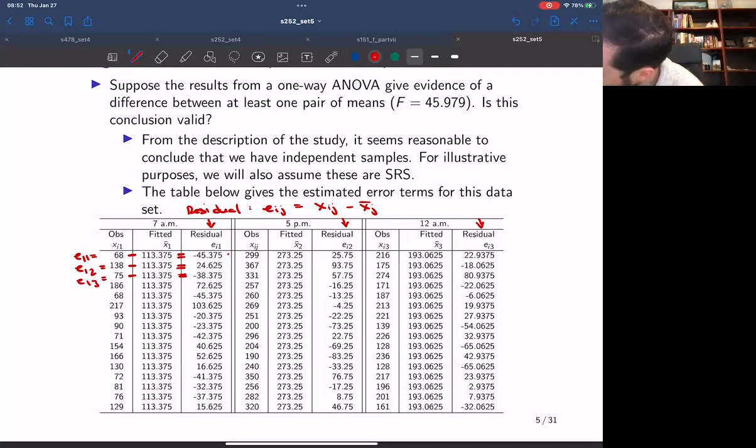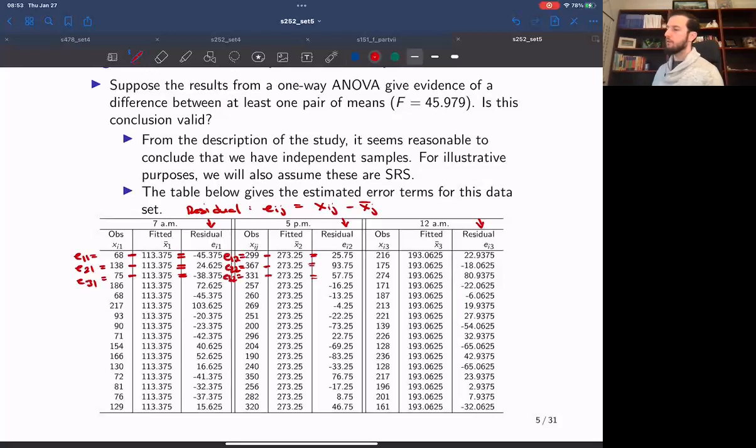In the second column, we would technically have e12, e22, e32.